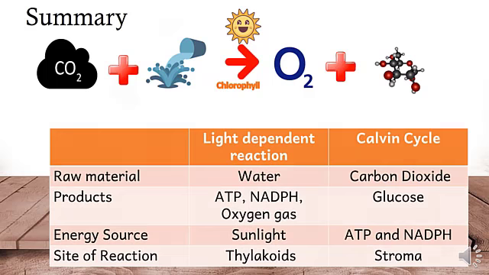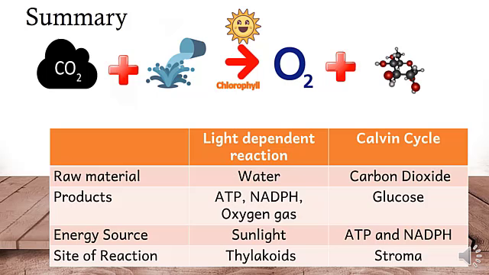Summary. Raw material for light-dependent reaction, water. In Calvin's cycle, carbon dioxide. Products. Light-dependent reaction, ATP, NADPH, and oxygen gas. In Calvin's cycle, we have glucose.